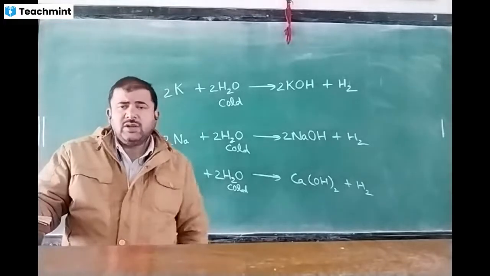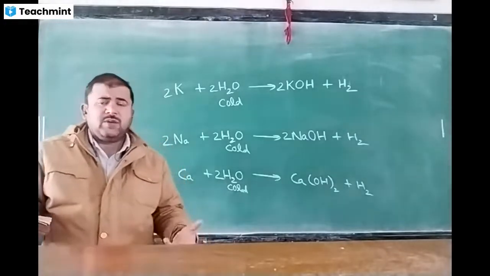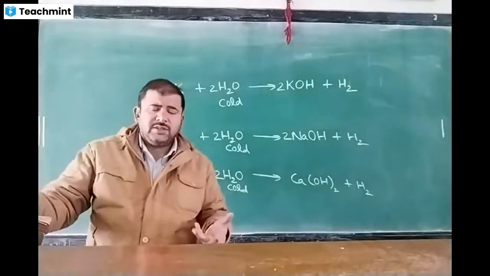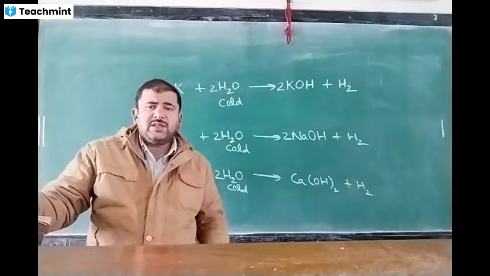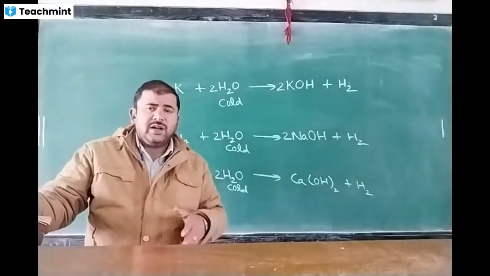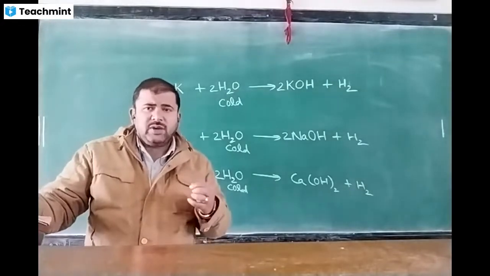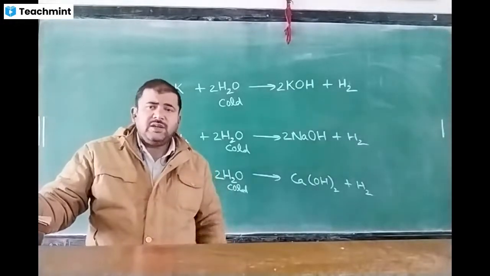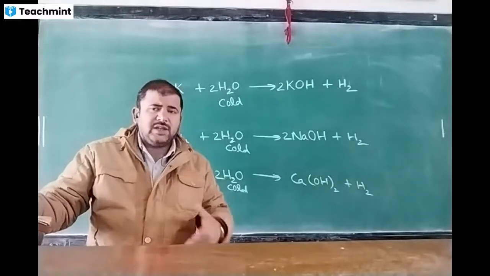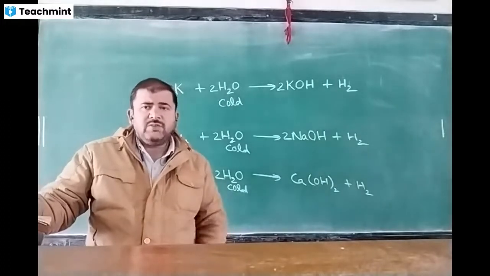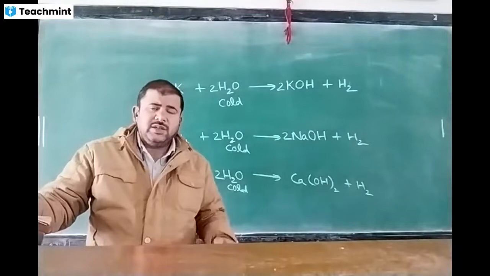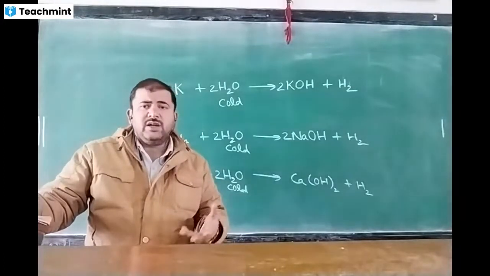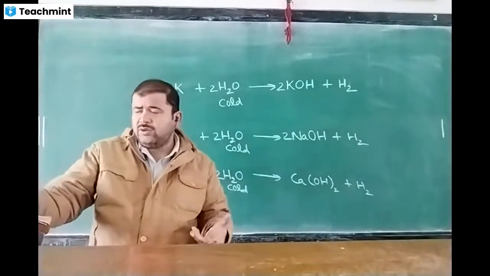When magnesium reacts with steam or boiling water, we get magnesium oxide plus hydrogen gas. In the same manner, aluminum, zinc, and iron require steam, meaning the vapor form of water, because these elements have less reactivity than the most active metals. So zinc, aluminum, iron react with the steam of water, and we get the oxide of the metal plus hydrogen gas.